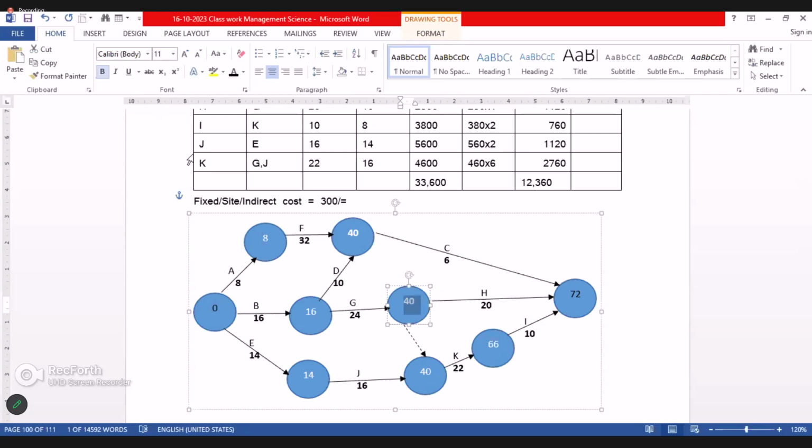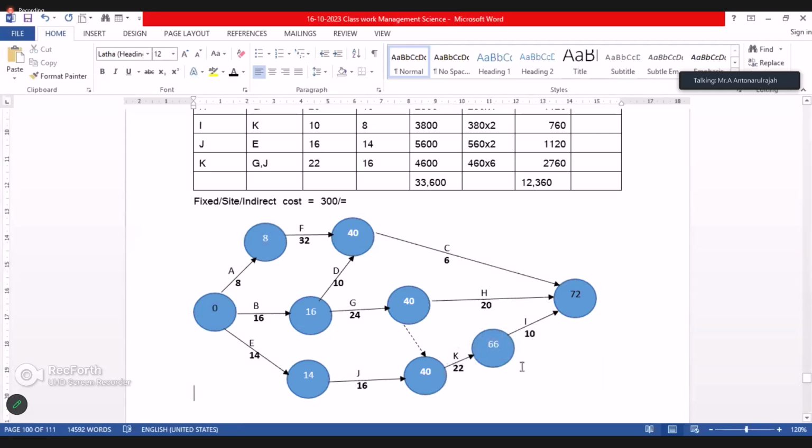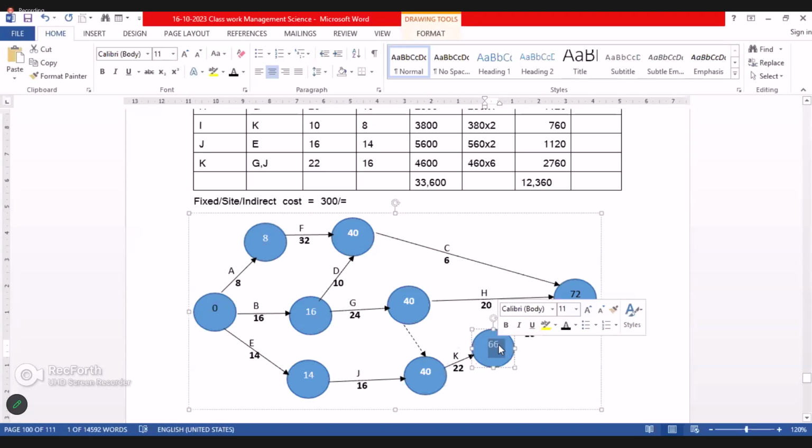So 40. Then after that, you check here, this is 40 because here 14 plus 16, 20 is 30, but here this makes 40, therefore we are considering it. So then 40 plus 22 is 62.